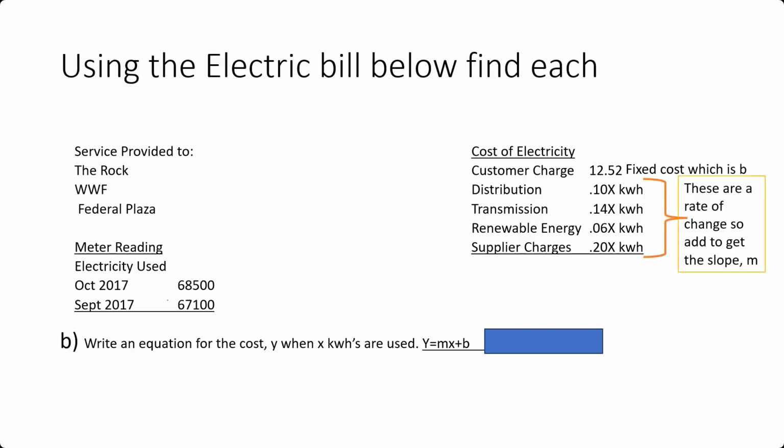So we would want to add those together to find the slope. If we add those, we get a half or 0.5. So our slope is 0.5, b is 12.52, y equals 0.5x plus 12.52. So this would be a linear equation.